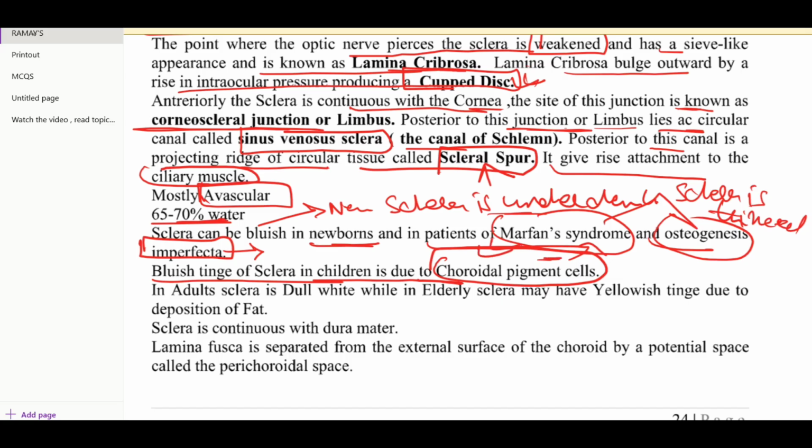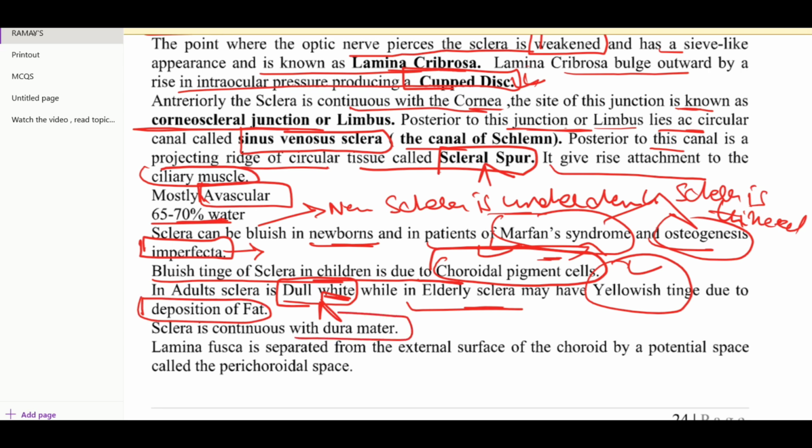In adults, the sclera is dull white, while in elderly people, the sclera may have a yellowish color due to the deposition of fat. Sclera is continuous with the dura mater. I have already told you and shown you in the diagram.